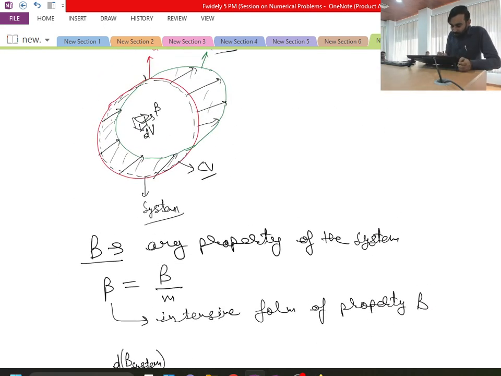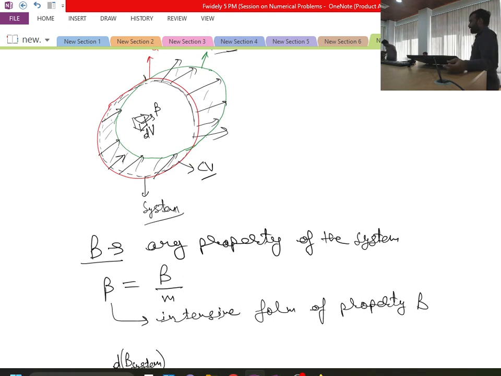You can see that this portion of the boundary allows fresh fluid to enter into the control volume, and this portion of the boundary is where the fluid goes out of the control volume. So I have to quantify the out portion minus the in portion; that will be my net change across the control surface.